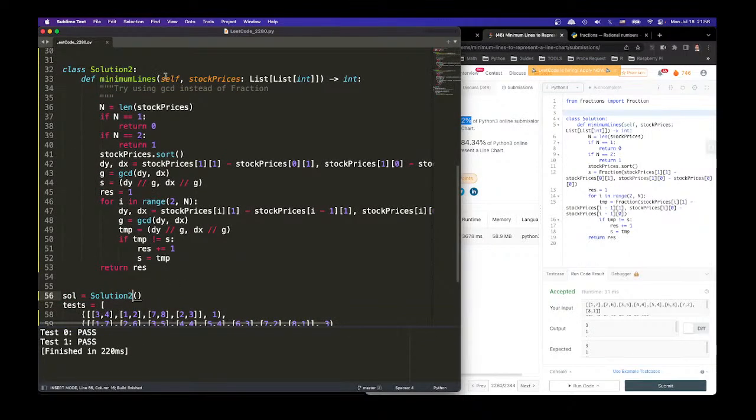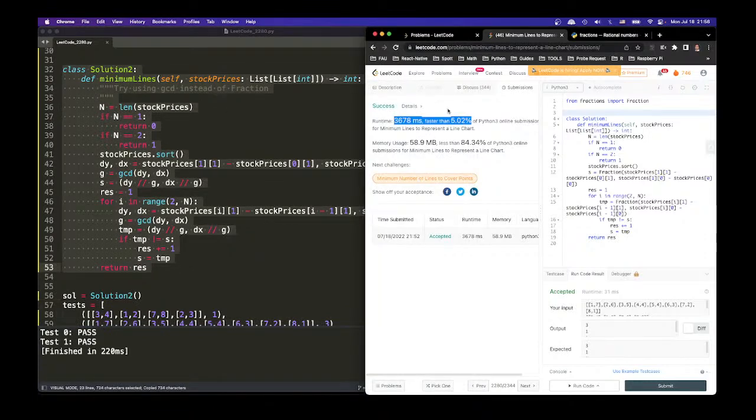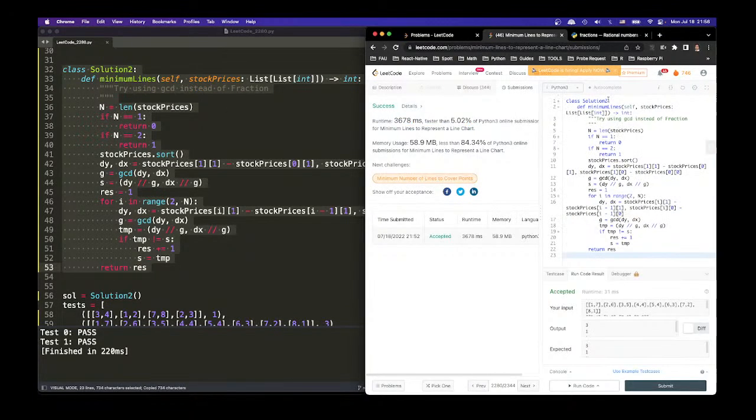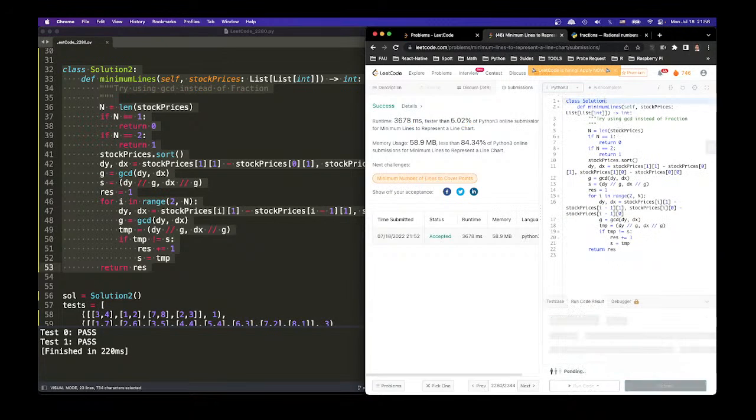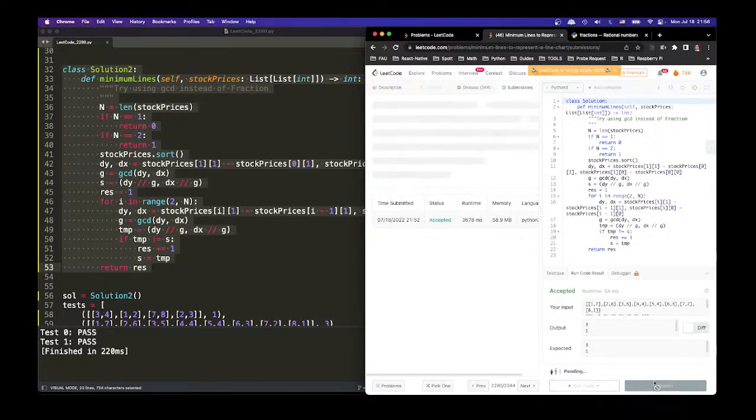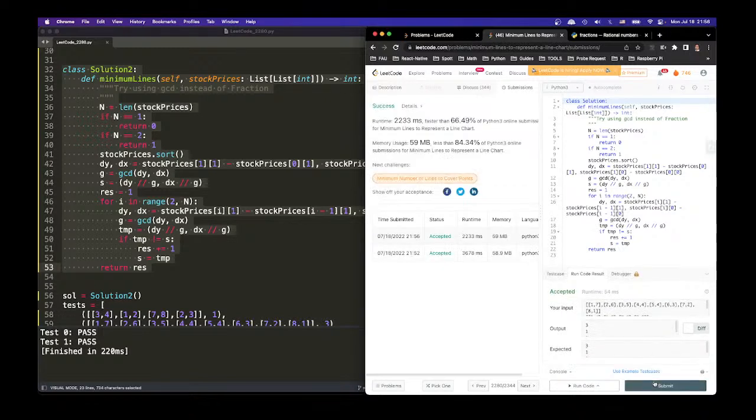All right. See if this one is any faster. If not, that means the time consuming... it's much faster. So GCD is much faster.